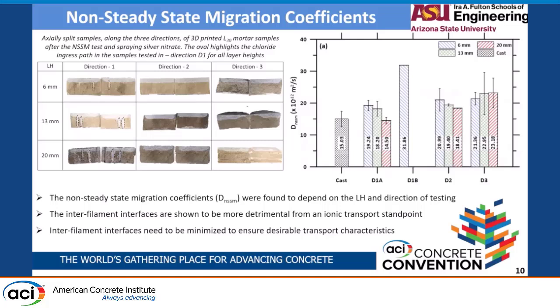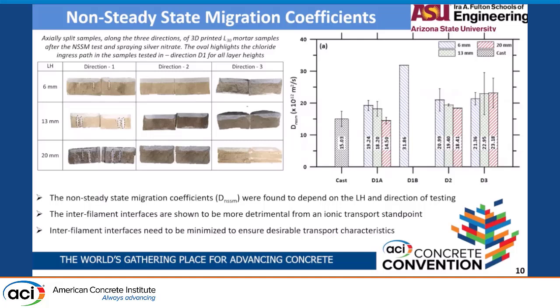So why is there increased diffusion in this direction? This is because in the D1 direction we had interlayer and interfilament interfaces both parallel to the transport direction. At the intersection of the interlayer and interfilament interfaces, a void is formed, which becomes the major path of transport for the ionic species.